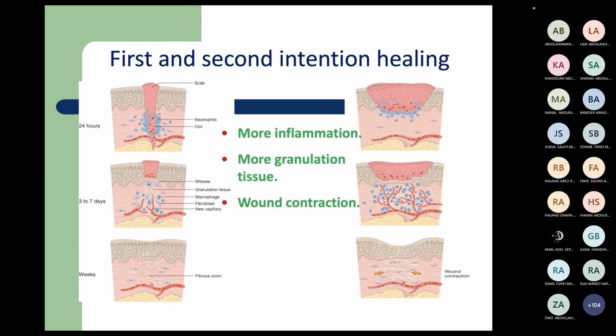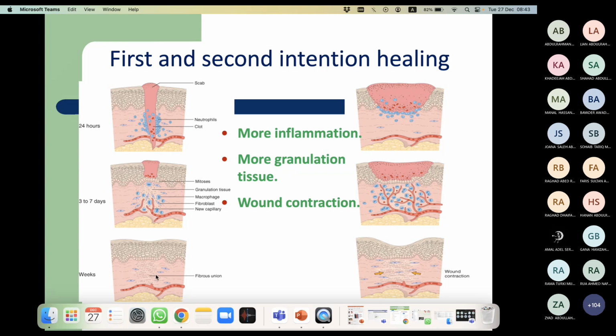The differences are there's more inflammation in the large area. Of course, there's large damage. There's more inflammation. There are only 2 blood vessels here. Here you can see that 8 to 10 blood vessels are there. More granulation tissue is formed, and wound contraction occurs. Wound contraction does not occur in first intention because it's already small.